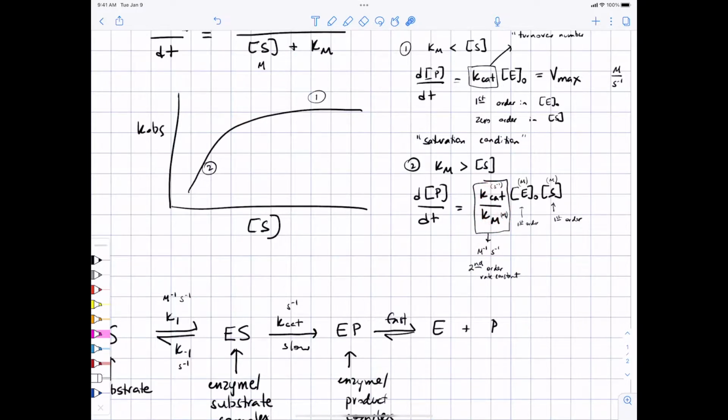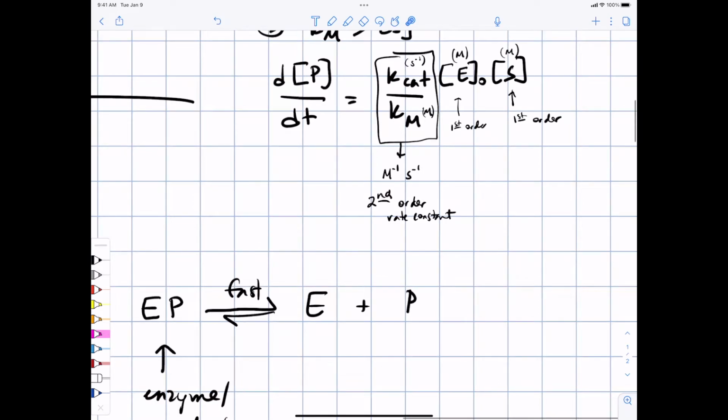People use it to compare how enzymes deal with different substrates because that number varies widely depending on the substrate that you have. So sometimes people call this Kcat over Km a specificity constant, but I don't know that there's anything mathematical about that. It's just because it varies widely with different kinds of substrates.